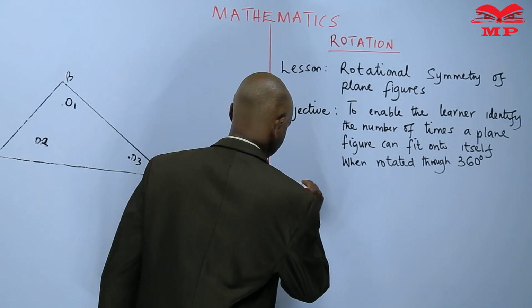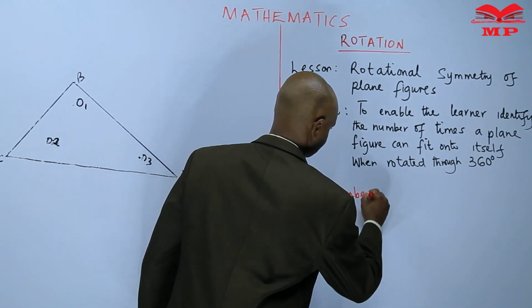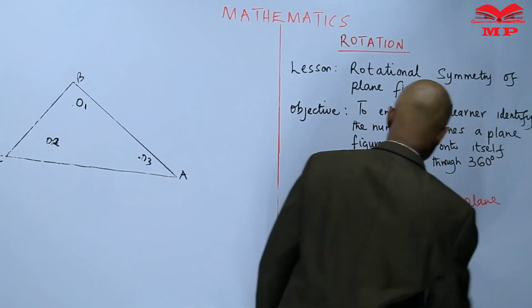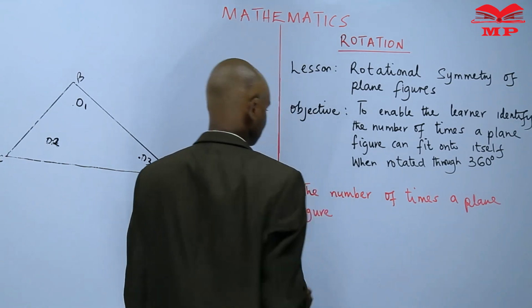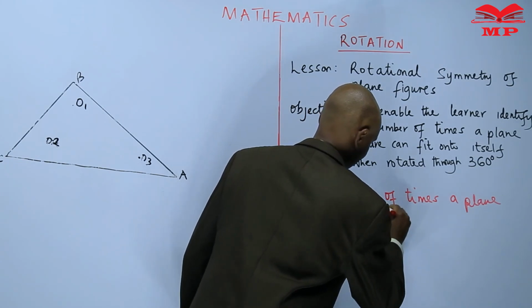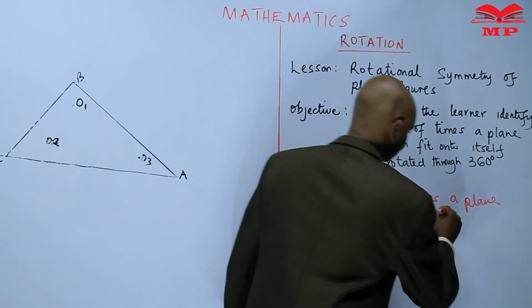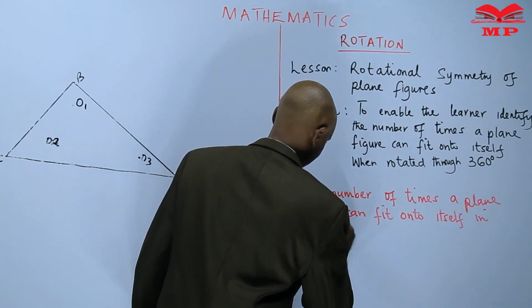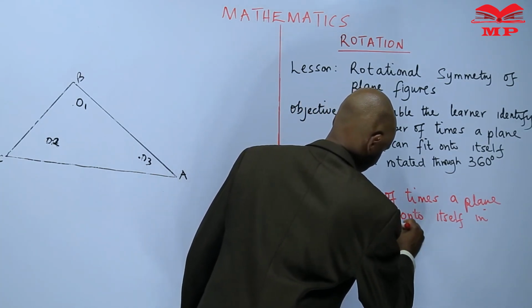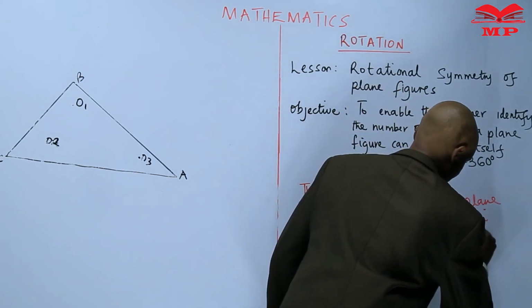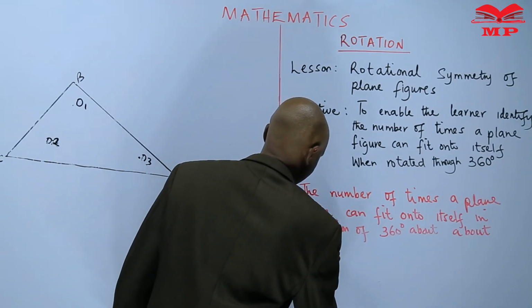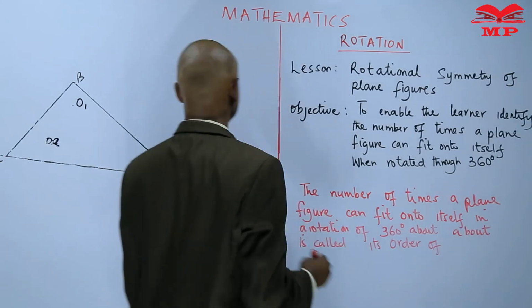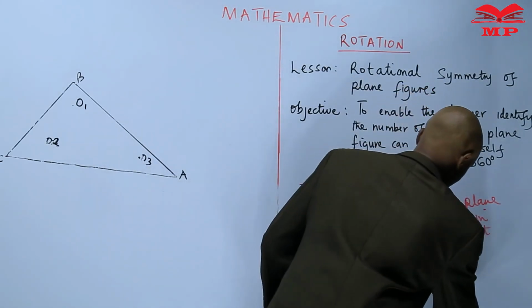So the number of times a plane figure can fit onto itself about a point is called its order of rotational symmetry.